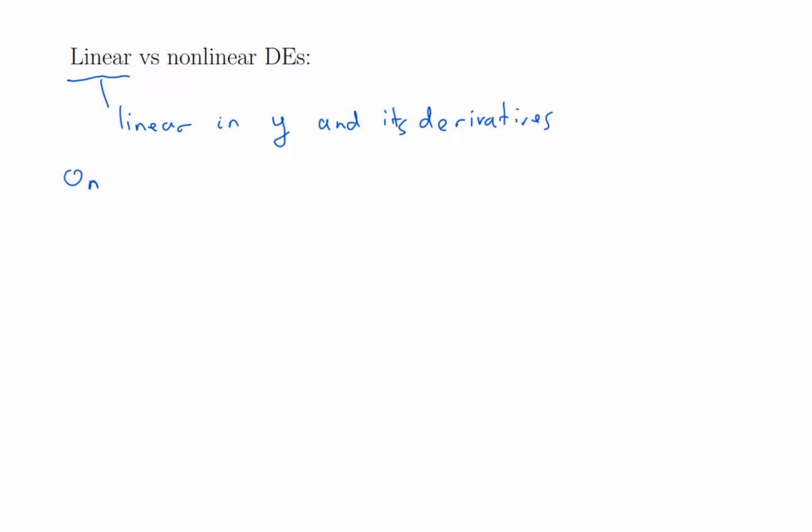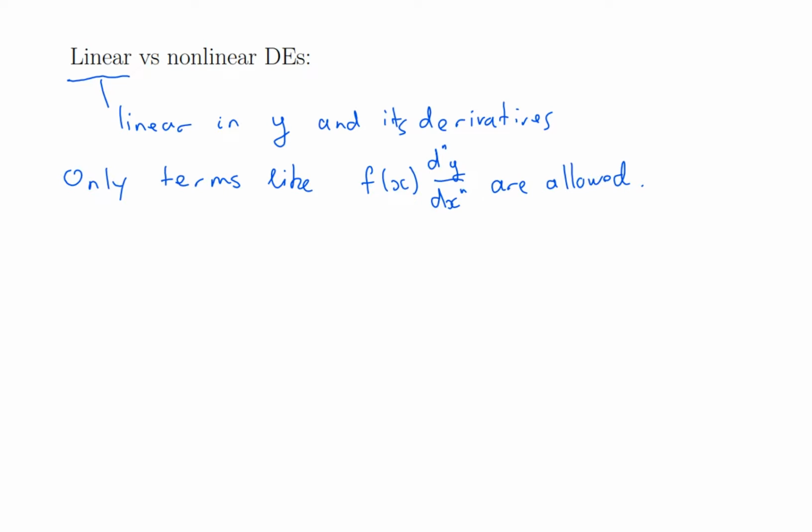So only terms like some function of x times some derivative of y, say the nth derivative of y with respect to x, are allowed, or just a function of x alone. So the x part can be a nonlinear function of x. A linear differential equation is defined by how it depends on y.